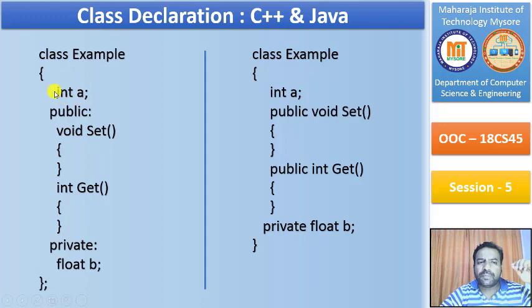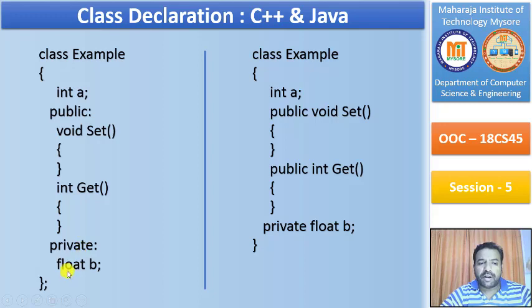By default, the data member is private without any access specifier. It is the same in Java also. If I want to make any member public, I mention the access specifier public and use a colon.